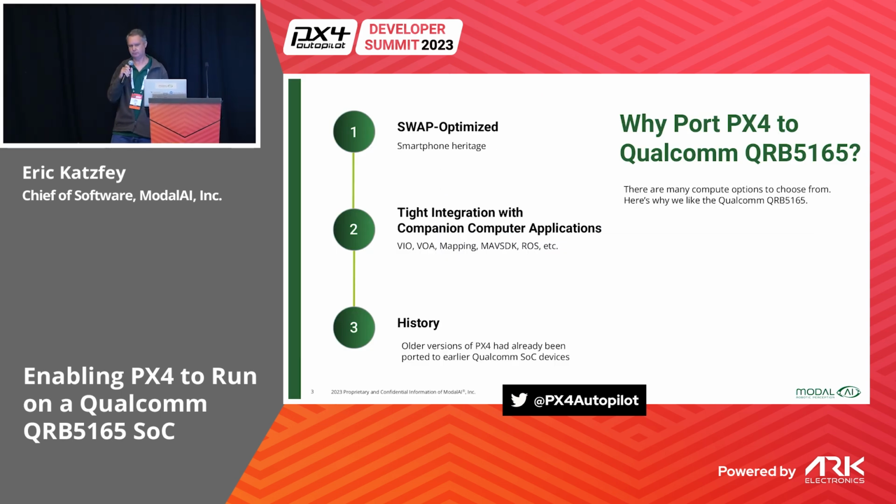Okay, so first of all, why would we even do this? Well, if you look at the Qualcomm devices, they're actually pretty compelling devices. They have an awful lot of horsepower. They have all kinds of different sorts of compute accelerators: they have GPU, they have accelerators for running neural nets, they have DSPs, modems, obviously.